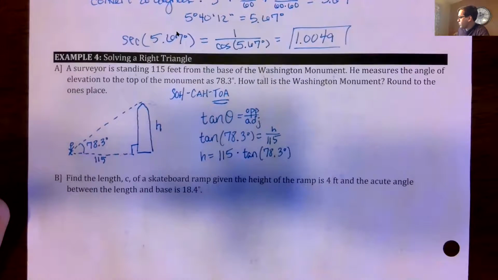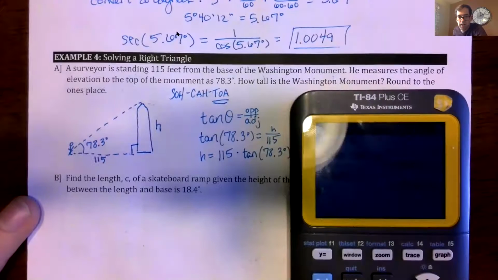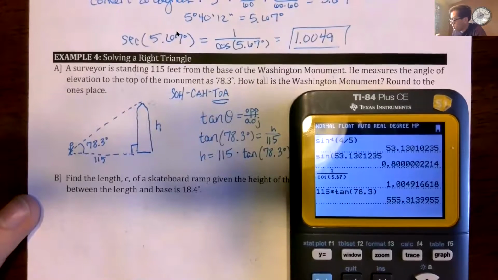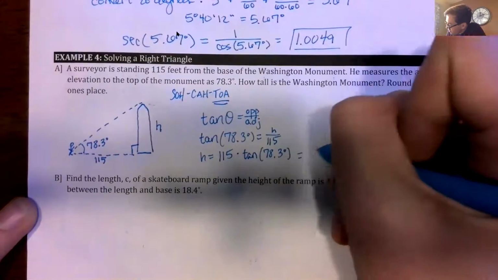And that's what we're going to type into our calculator right now. So we got 115 times tangent of 78.3 degrees, and we get 555.31. It's said to round to the ones place, which is the nearest whole number. So we get 555 feet.